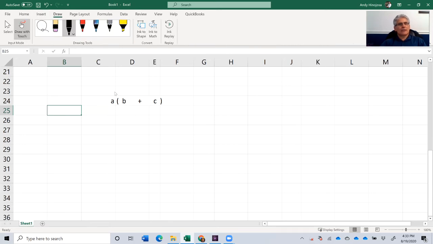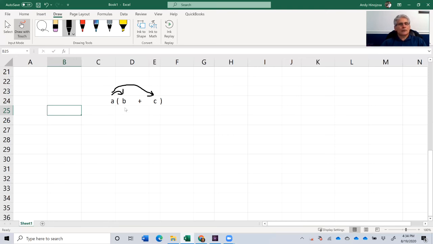So here's the way I'm going to look at this. If I have an expression with a number on the outside and parentheses and two numbers, I will know that I can convert this by simply taking the a and multiplying it by the two terms inside the parentheses.